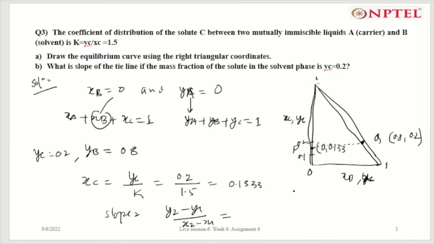Put the values here, and the slope is 0.0833. All of you got this one.